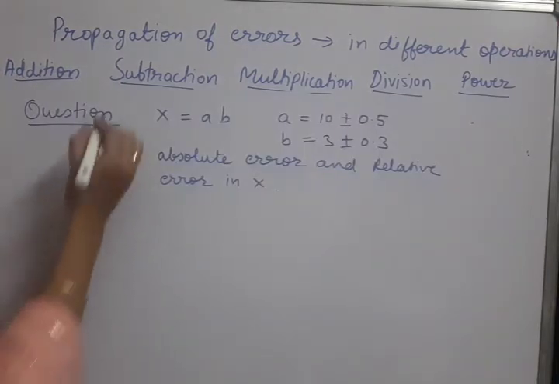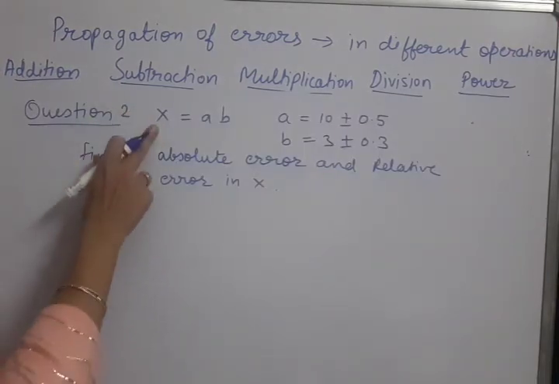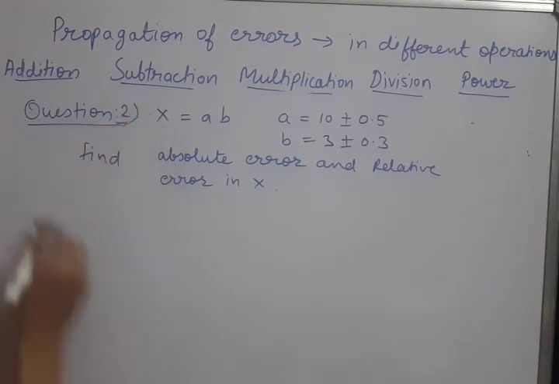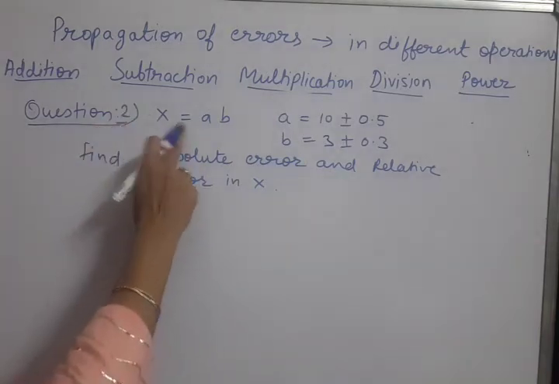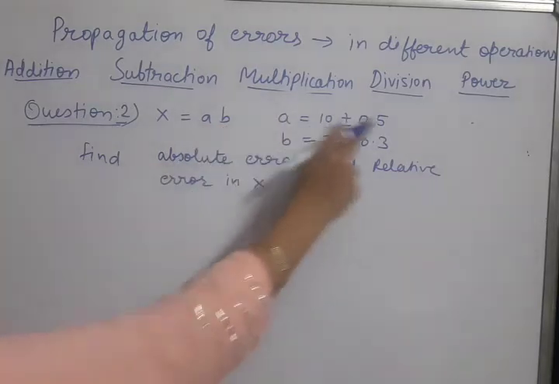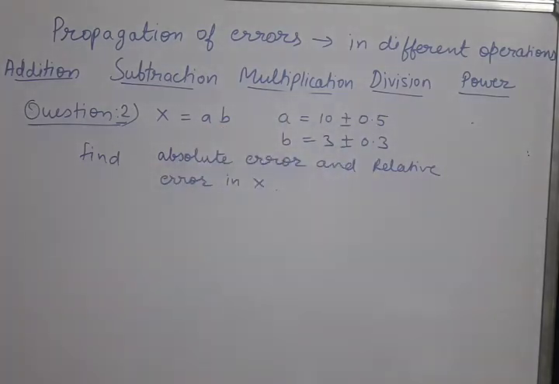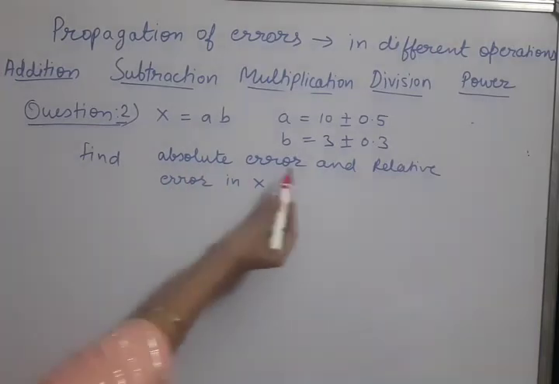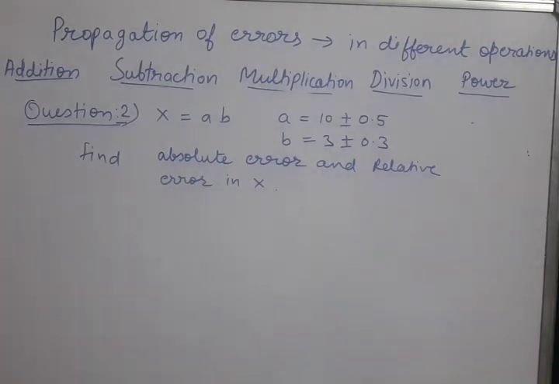Let us have a practice in this question, number 2. In this x is given ab, that means a into b, A and B are expressed like this, and we are asked to find out the absolute error and relative error in X. Now students, always in this type of questions, you see which operation is appearing.